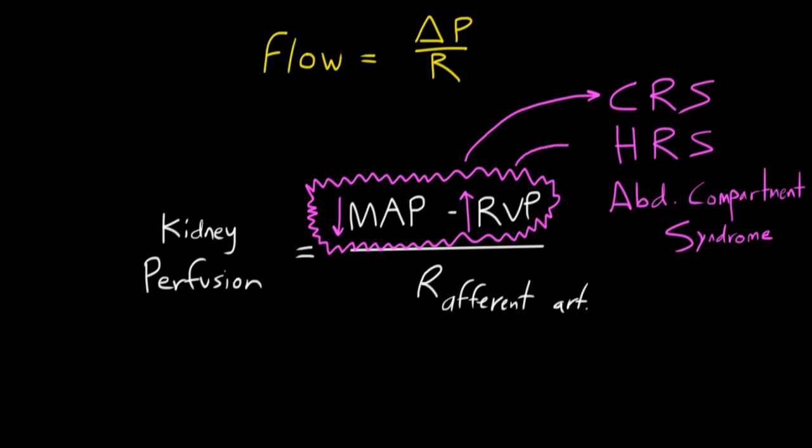Also the hepatorenal syndrome, which we see in patients with typically end-stage liver disease. They have low mean arterial pressure due to splanchnic vasodilation, they have high renal venous pressures because they're retaining sodium, and they have extracellular fluid overload. They also have some ascites typically, so they are very prone to developing kidney injury.